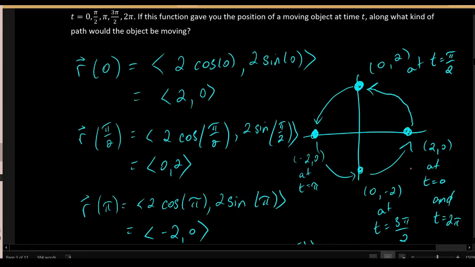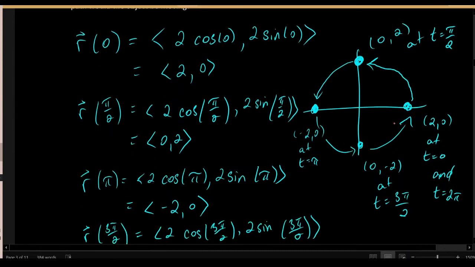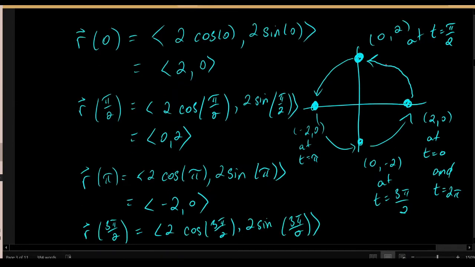And based on the general pattern and behavior that I observed, by plugging those 5 points into this function, I could infer that the vector-valued function would always point to a location on this circle of radius 2. So I sketched in all the points on this circle of radius 2. That's the first step to graphing a vector-valued function.